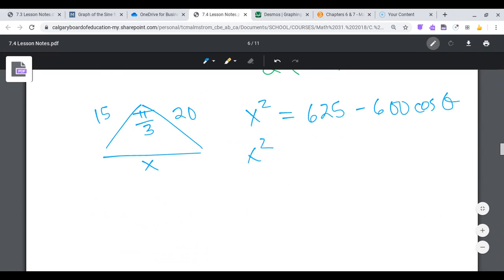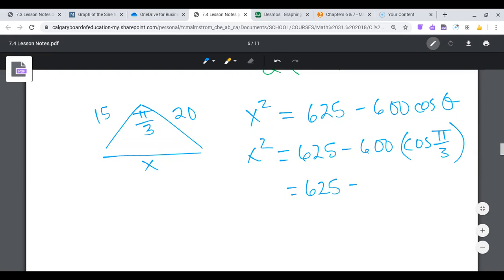So x squared is equal to 625 minus 600 cos of pi on 3. So this is 625 minus 600 times, at angle pi on 3, cos is 1/2, nice and easy. So 625 minus half of 600, minus 300, is 325.